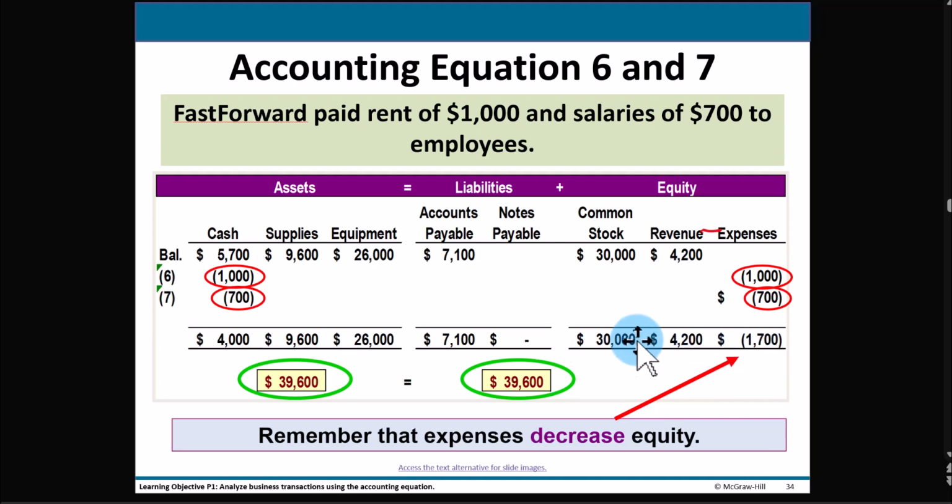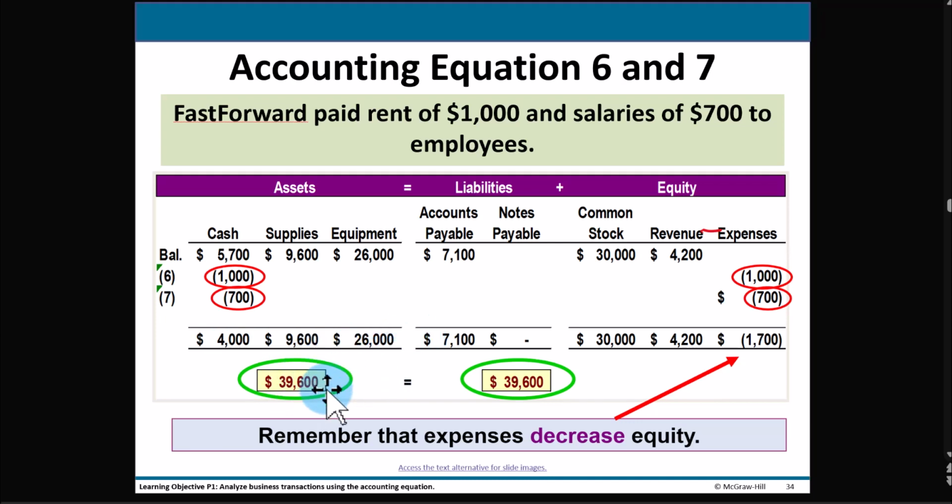That total of these three is the total equity. And you add that to the liabilities of 7,100 to get this total on the right side of the equal sign. And cash went down, balance here of 4,000, plus the supplies, plus the equipment gives you this total assets we have.